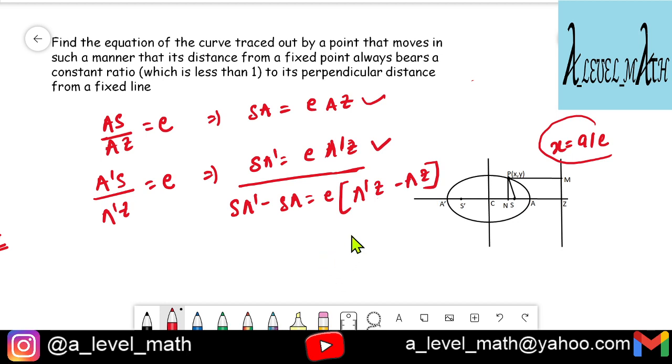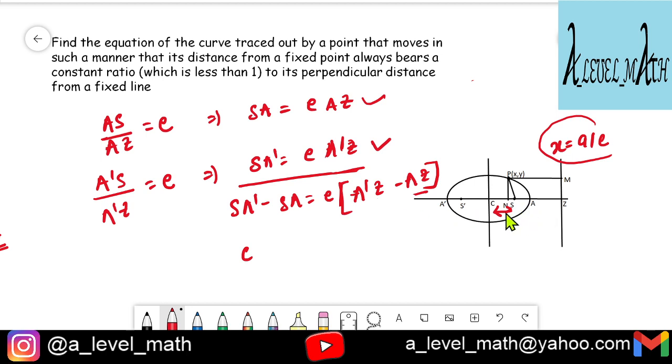Now I leave it to you as an exercise. As I have mentioned, your task is to somehow reduce all of these in terms of CA and CA dash. Try doing that and see if you get the length of this CS. Use whatever trick of lengths you want to use.